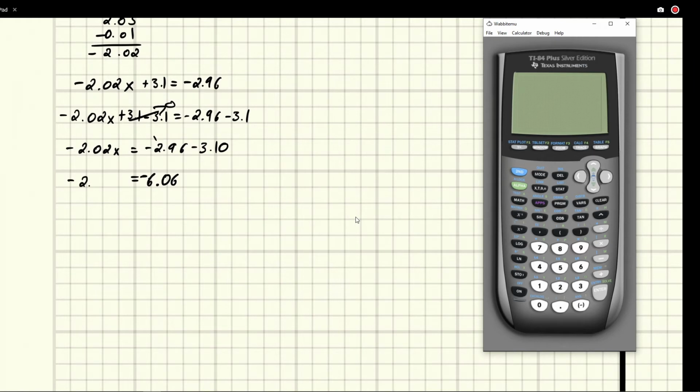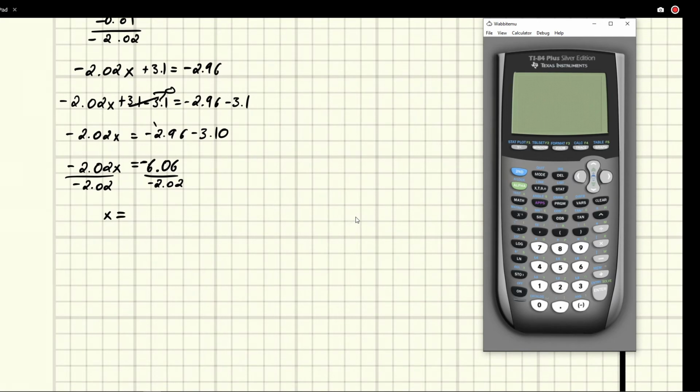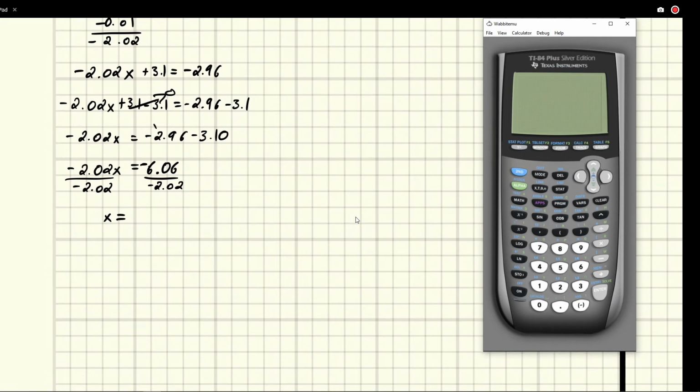And then on this side, we have negative 2.02x. Now we're going to go ahead and divide by negative 2.02 to undo this multiplication that's going on. When a negative is divided by a negative, we get a positive. And x is going to be equal to whatever this thing is. So let's do that over here. So we have 2.02 going into 6.06. And this looks like a case of 3, just straight up the number 3.